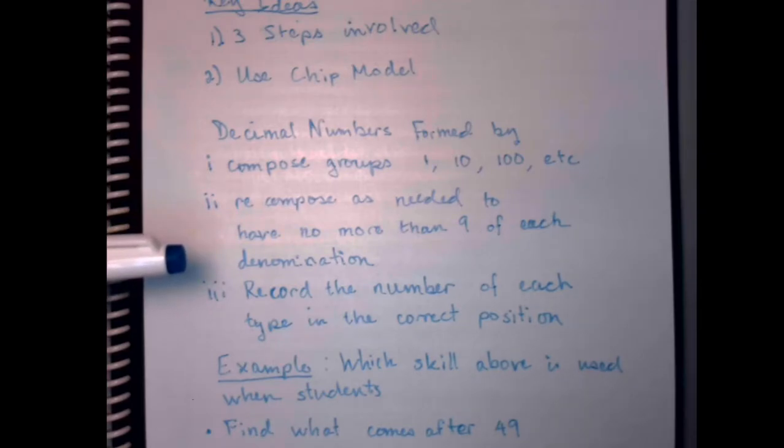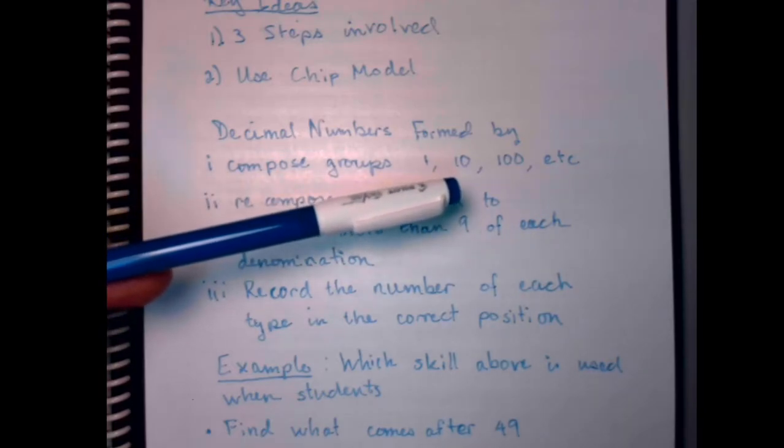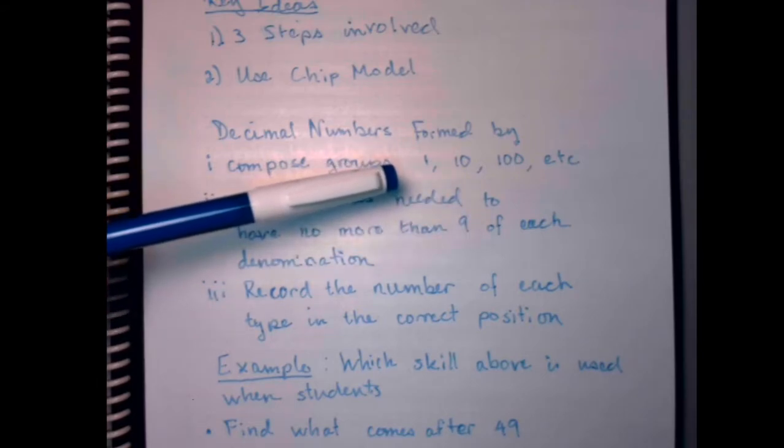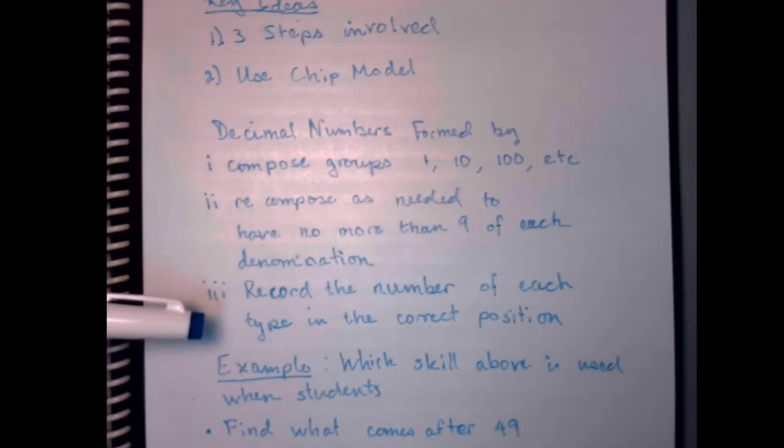So you can't have 2 tens and then 13 ones. You should recompose 10 of those ones and trade it in for another group of 10. And the last stage is to record the number of each type in the correct position.